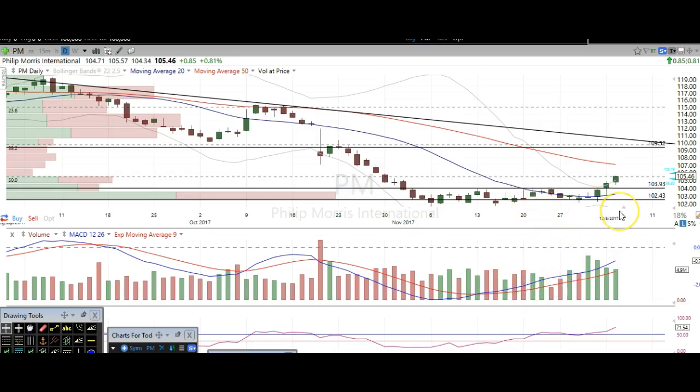That usually gives you a hint of the direction that it's going to break. Another thing I wanted to mention is the volume that we've seen has been above average. You can see the volume these last few days has been above average, and that's exactly what you want to see before a breakout.